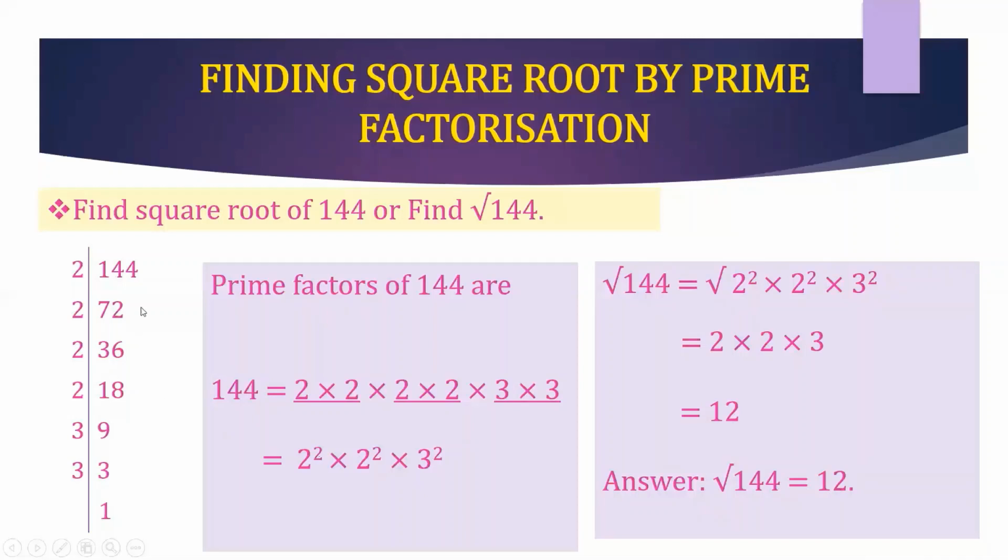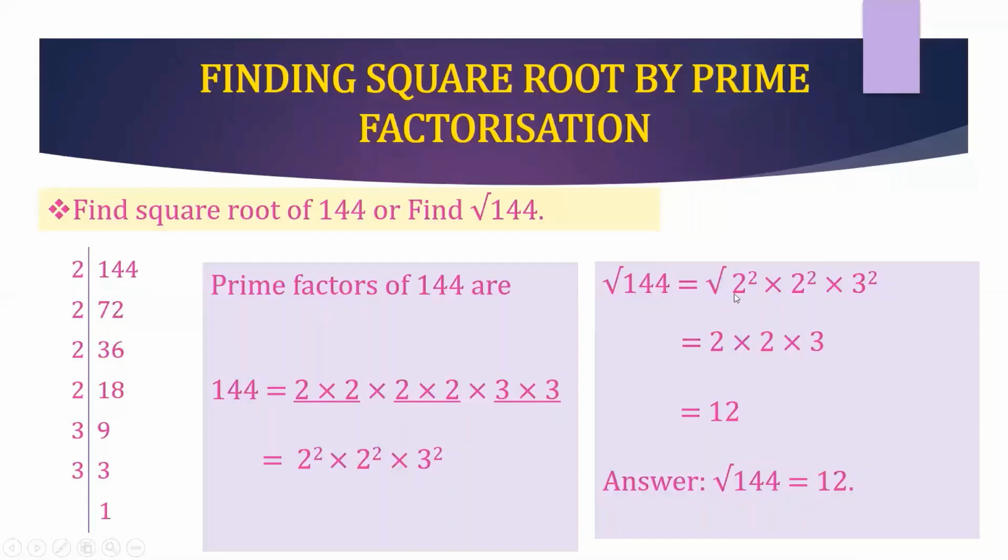Again, I am repeating, what you will do is first find the prime factors of the given number. The next step is pairing of the factors. Then write the square root of the number and the paired factors, and then remove the square root sign on the right hand side, as well as the square.